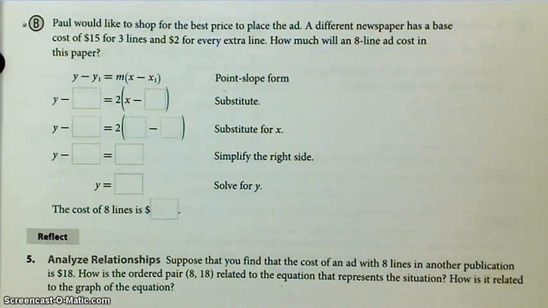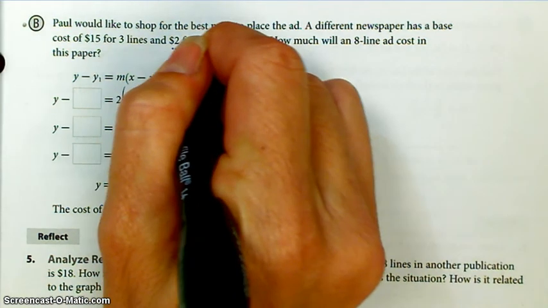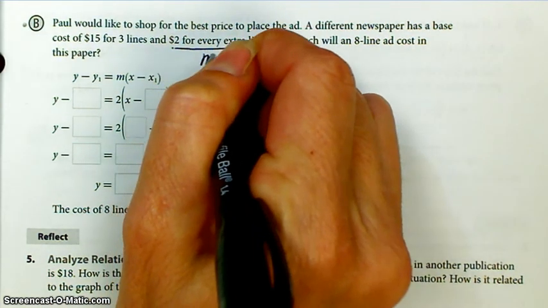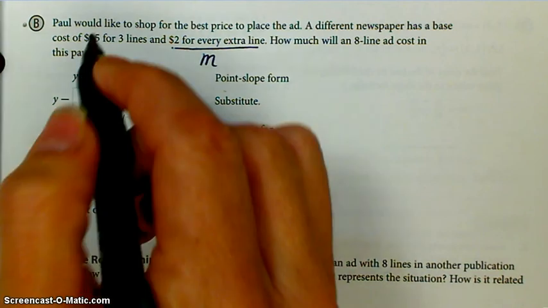All right, Paul would like to shop for the best price to place the ad. A different newspaper has a base cost of $15 for 3 lines and $2 for every extra line. All right, so first of all, $2 for every extra line, that's the rate of change, that gives you the slope.